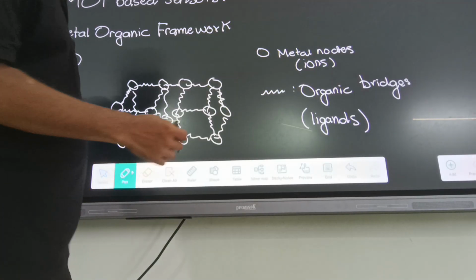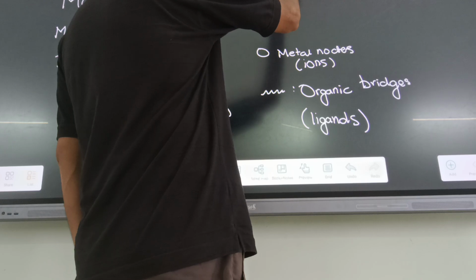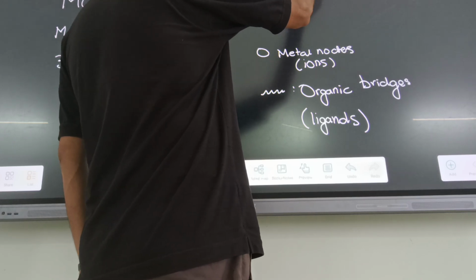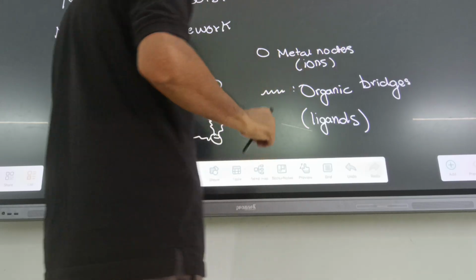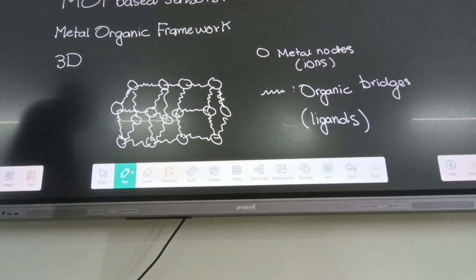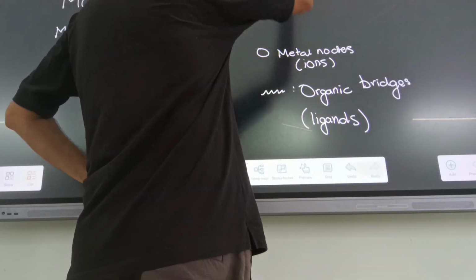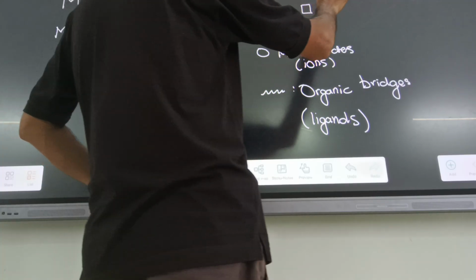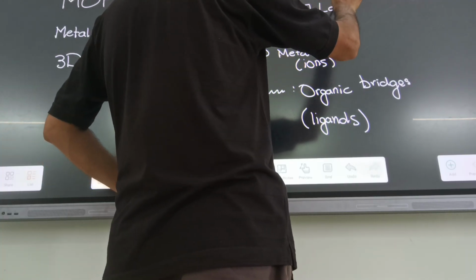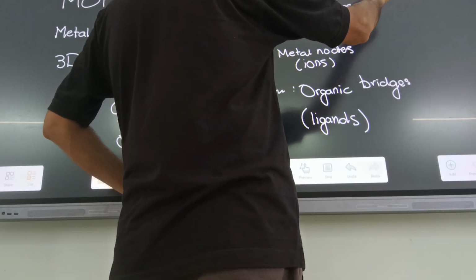So, metal organic framework MOFs come into the category of having a mesoporous or microporous structure. So this is the first reason. Secondly, they have got very large surface area.